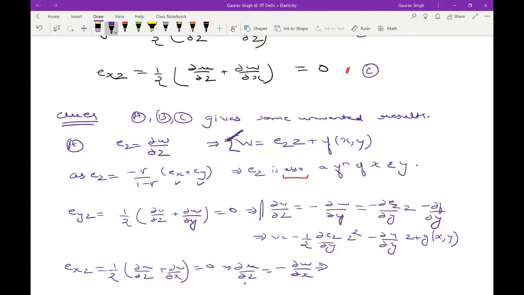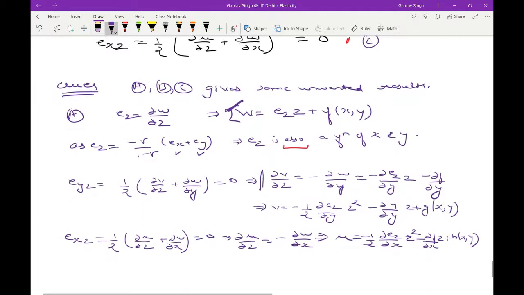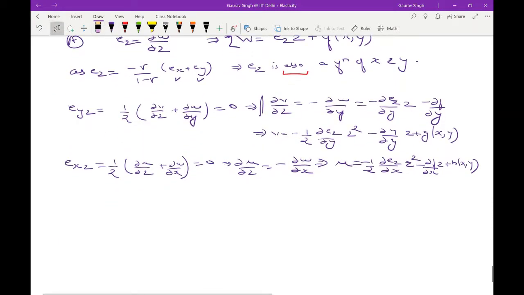This implies that u will be equal to minus half ∂εz/∂x z squared minus ∂f/∂x z plus h of x comma y. So clearly g and h are arbitrary functions of x and y, and they have come up because of this indefinite integration which we have just done.